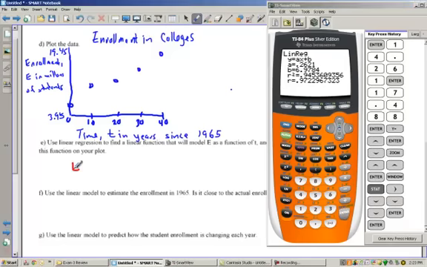So E of T is equal to 0.2621 times x, but my input is the letter T, so times T, and then plus 6.9784.